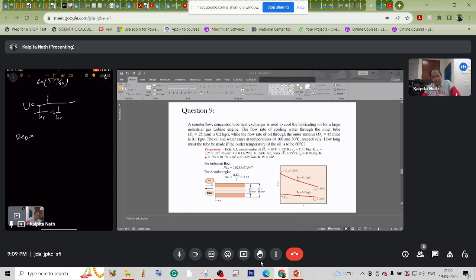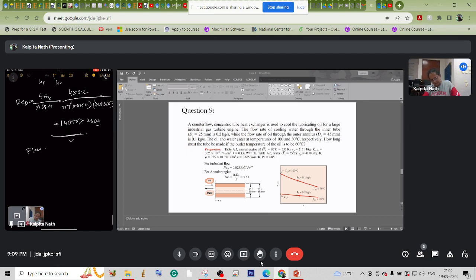the Reynolds number is 4 mc dot over pi Di mu. This is 4 into 0.2 upon pi times 0.025 meter times 725 into 10 to the power minus 6. So this is 14050, greater than 2300. So for the water, the flow is turbulent.